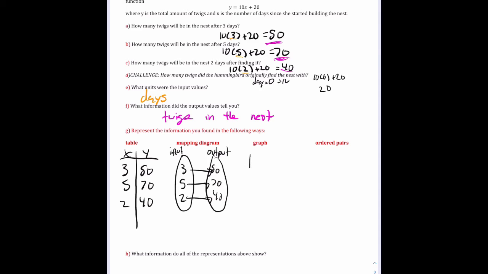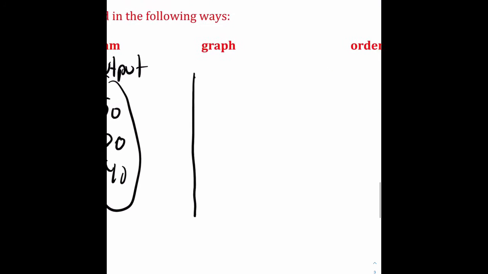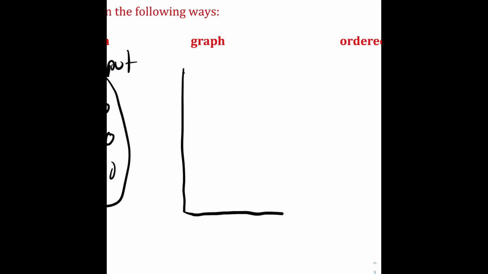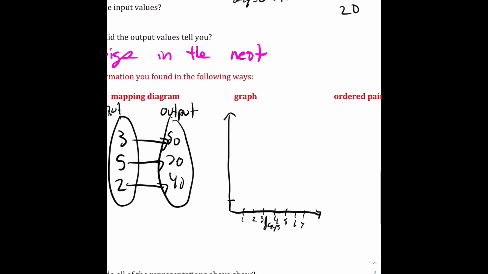Your graph. Days, and go up by ones. Twig numbers, you can go up by tens. And you can plot this information.